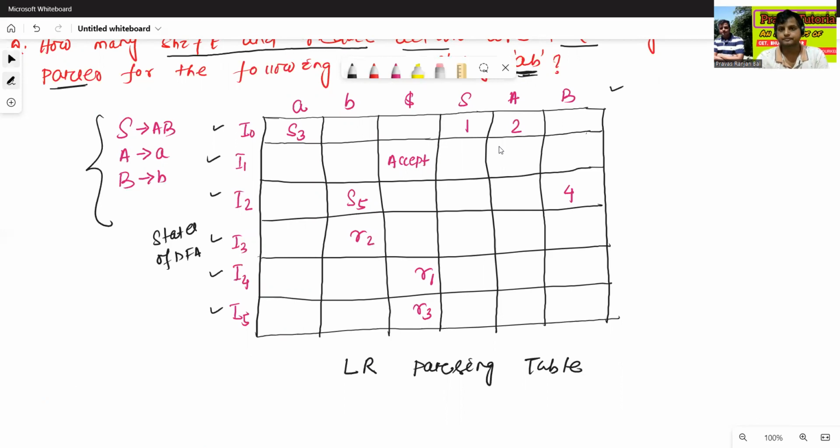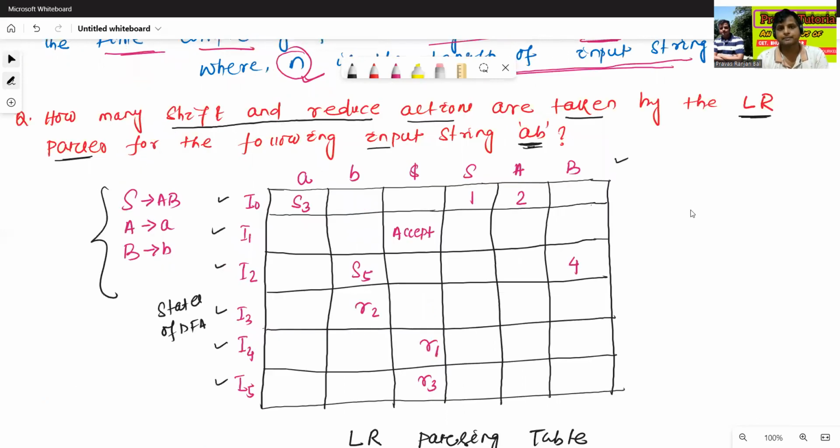See, what is the meaning of A, B, and dollar? Up to A, B, and dollar, it is called action. Means A to dollar is called action. And these columns, S, A, B, are called go to.